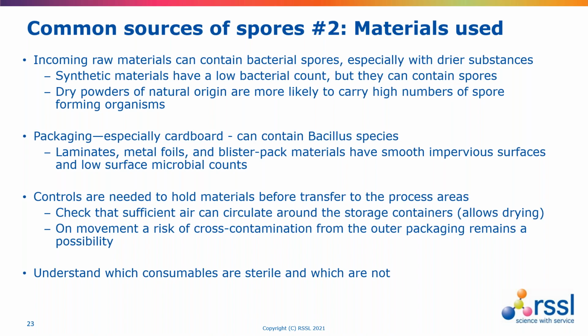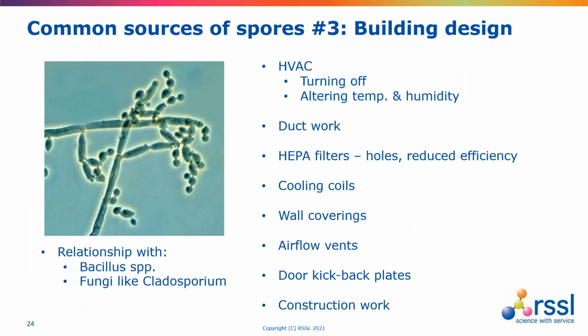We may need additional controls around materials that are sterile and designed to go into aseptic areas, and they should always be at least triple wrapped in terms of inner packaging.